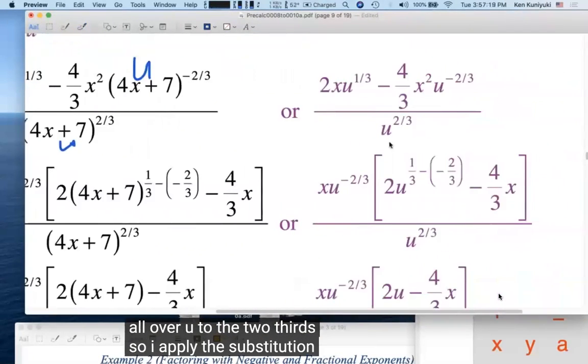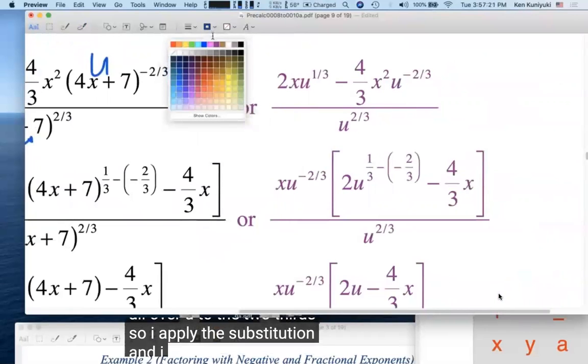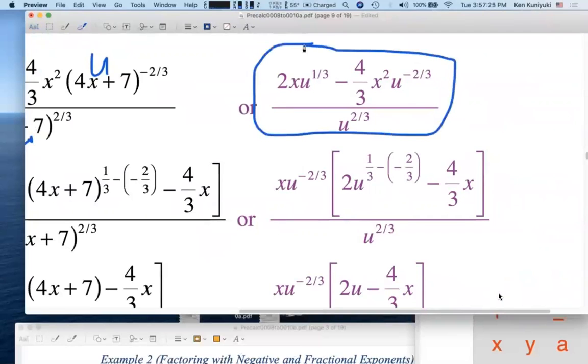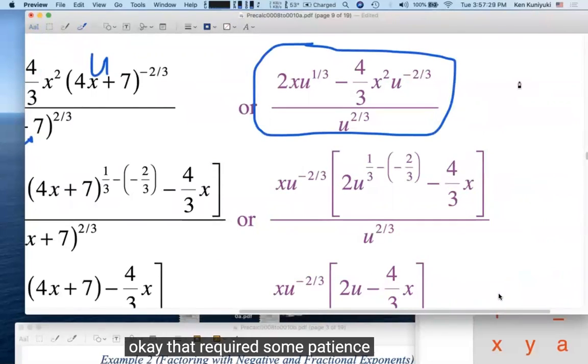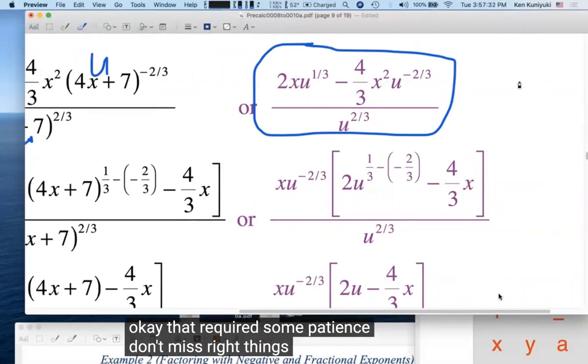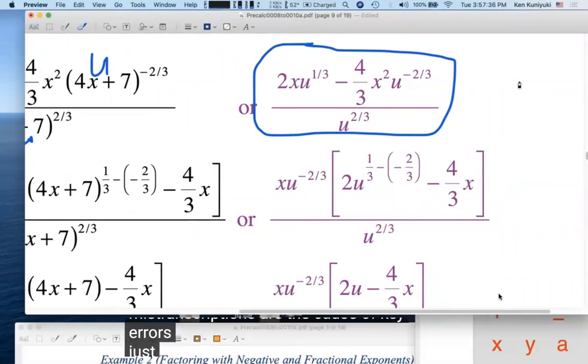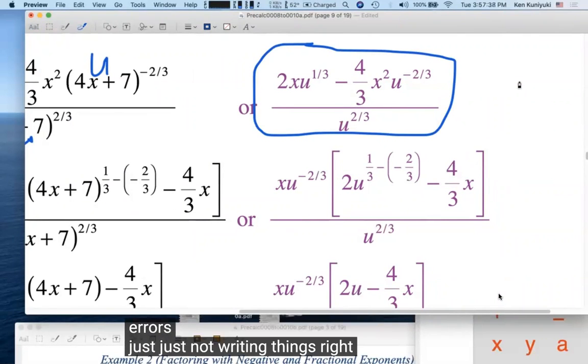So I apply the substitution, and I get this over here. That required some patience. Don't miswrite things. Often mistranscriptions are the cause of key errors. Just not writing things right.